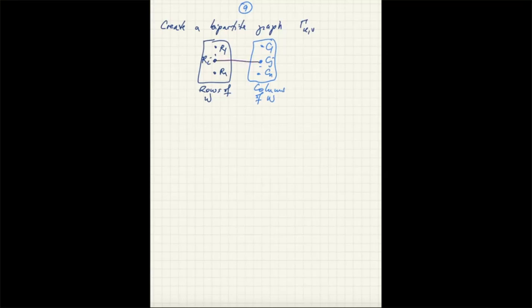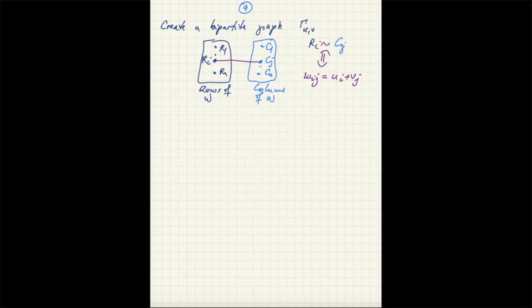We have that row i is adjacent to column j if and only if you have equality, if and only if wij equals ui plus vj.